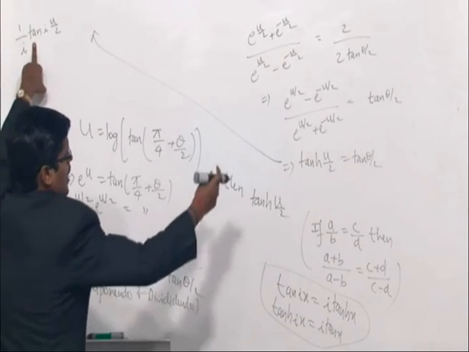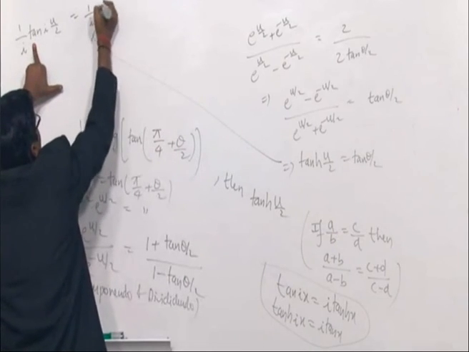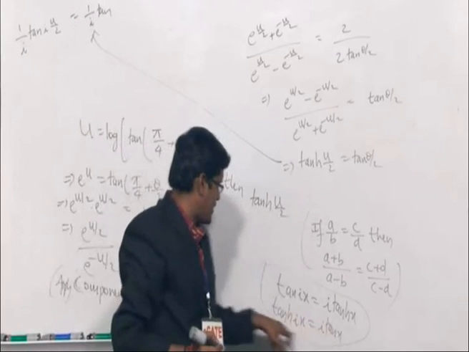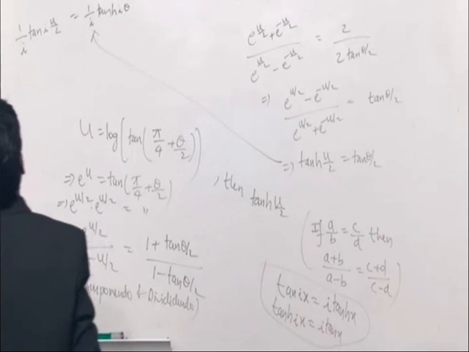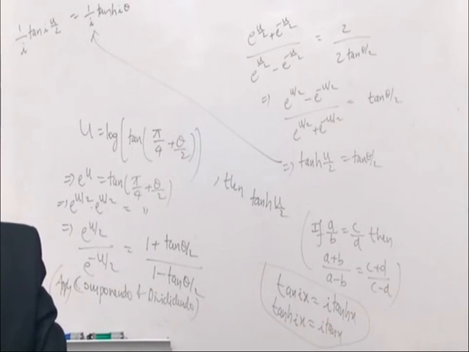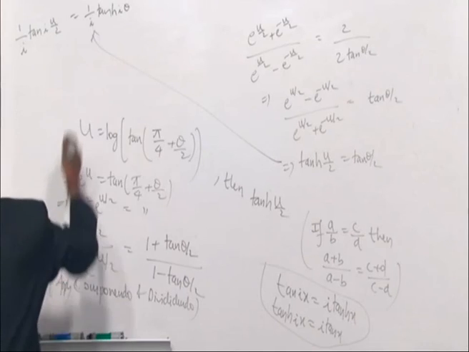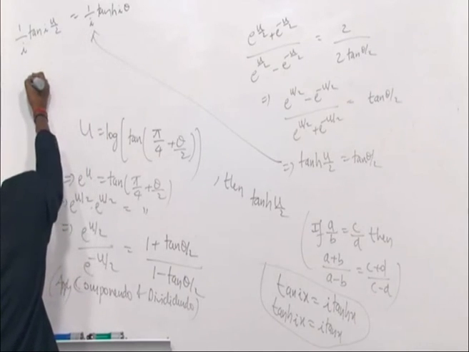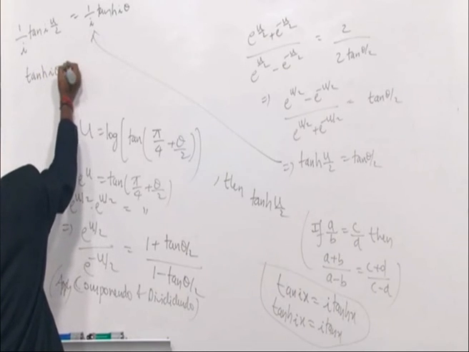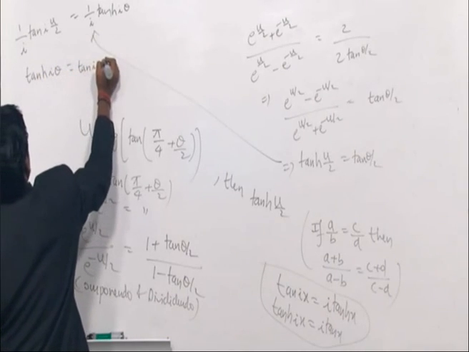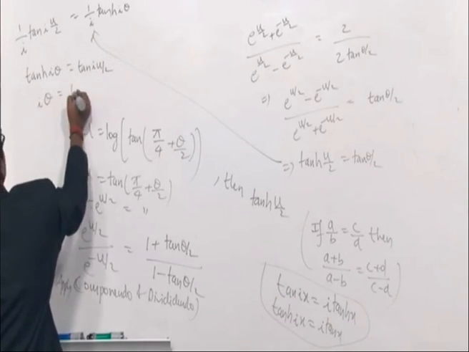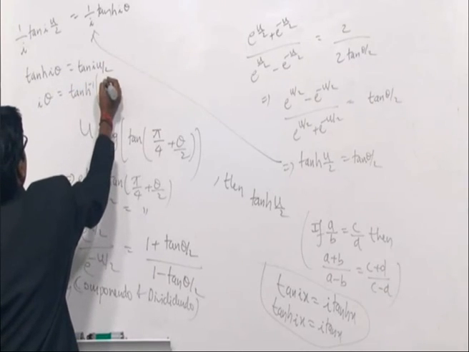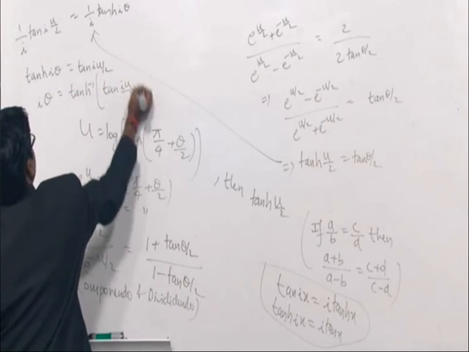One by i tan iu by 2 is equal to 1 by i tan, just comparing with tan theta by 2, here tan x, tanh x. Tanh ix means theta. So both sides I can cancel 1 by i, then tanh i theta is equal to tan iu by 2. I theta is equal to tanh inverse of tan iu by 2.